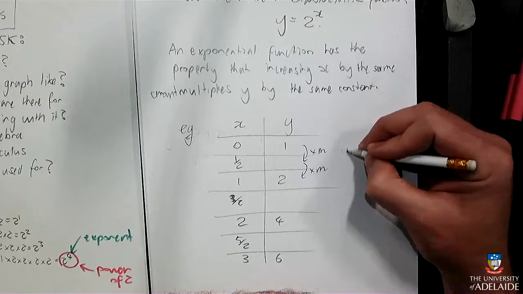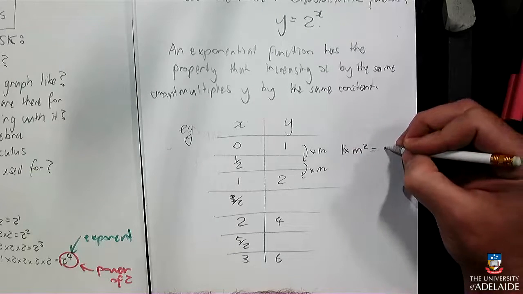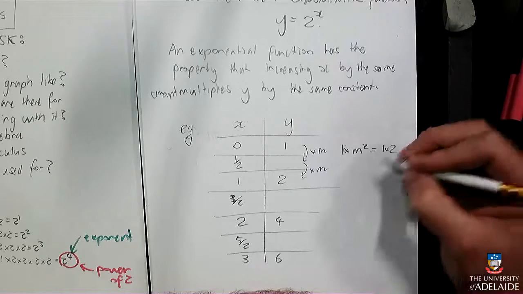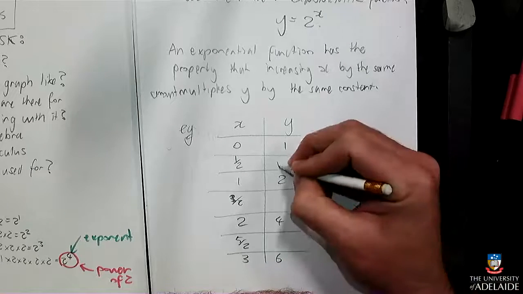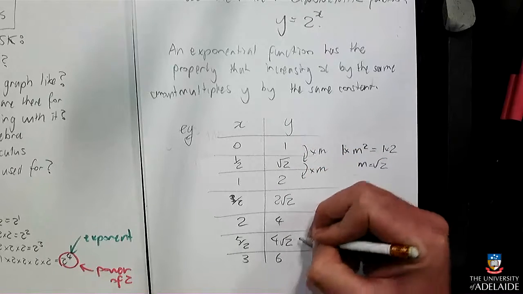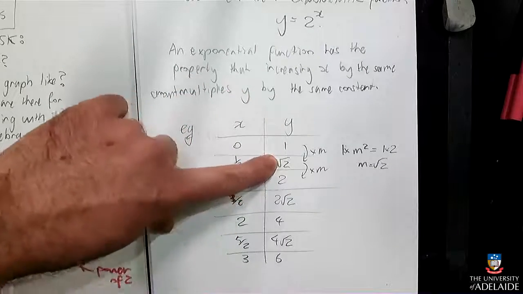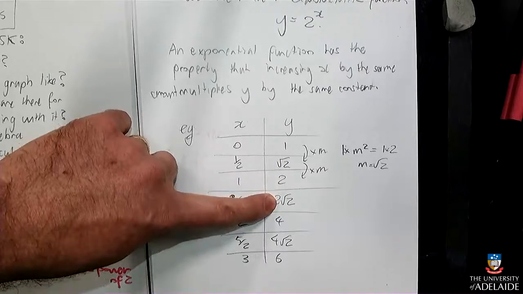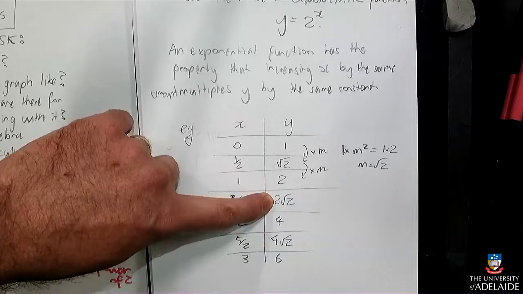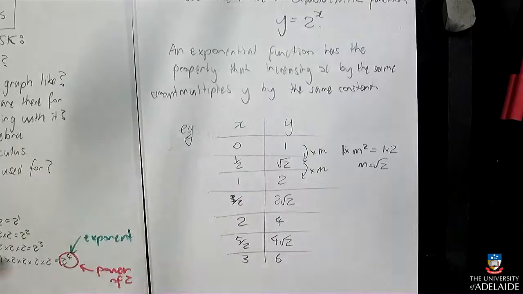And so therefore m squared, 1 times m squared, should be the same as 1 times 2. And so therefore m should be root 2. And let's just check. Times root 2, we get to root 2. Times root 2 again, well, root 2 times root 2 is 2, correct. Times root 2, we get to 2 root 2. 2 root 2 times root 2 again would be 2 times 2, which is 4. 4 times root 2 is this, and so it works. And you could do that for anything and fill in all the gaps between them, to as fine-grained detail as you like.